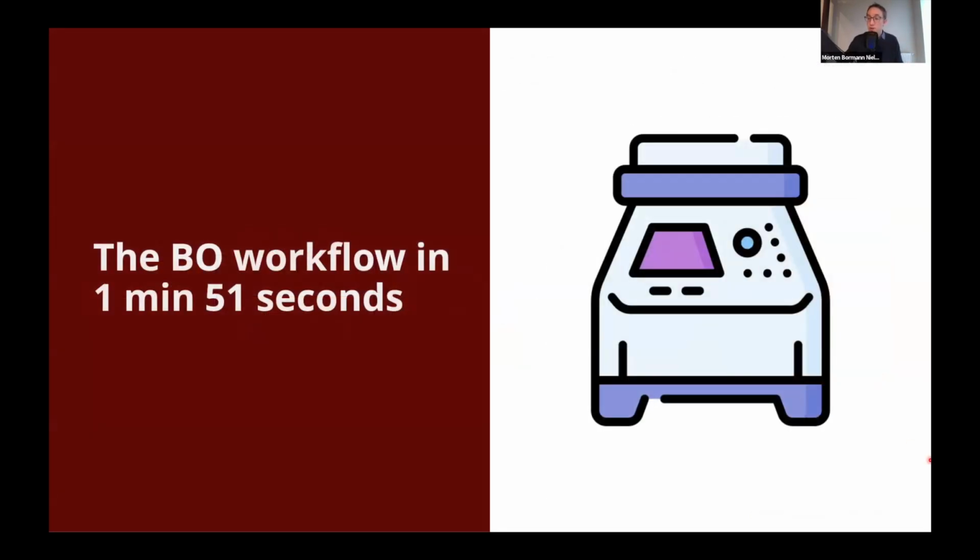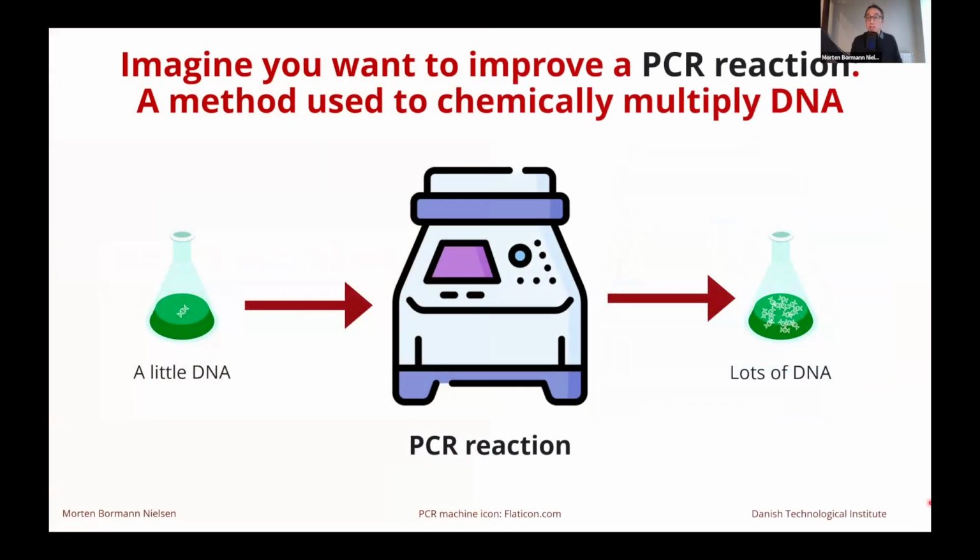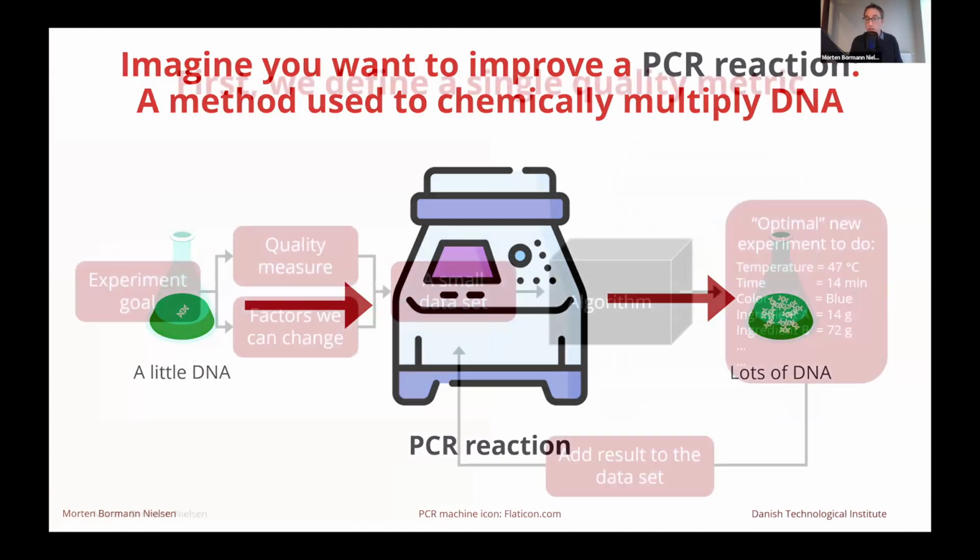But let me show you what that looks like on a much more complicated problem than just a two-factor problem, in 1 minute and 51 seconds. So imagine you want to improve the PCR reaction, to multiply DNA, say for a corona test. A PCR reaction here is a quite complicated kit.